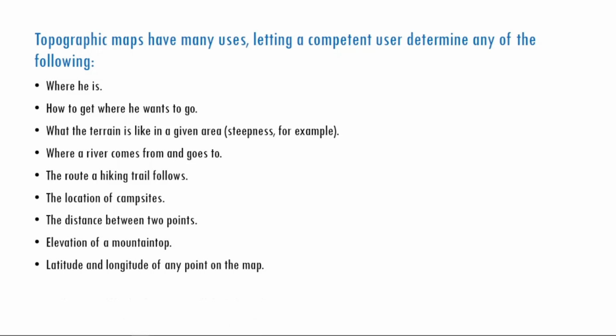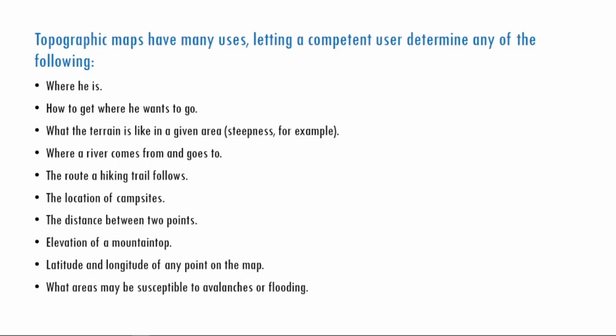Latitude and longitude of any point on a map. What areas may be susceptible to avalanche or flooding? For those of us who are in KZN, we know that KwaZulu-Natal is prone to flooding.